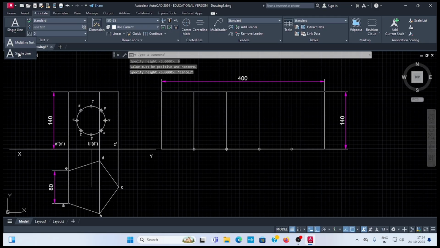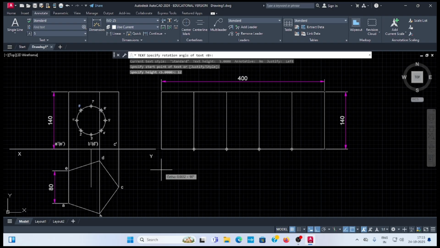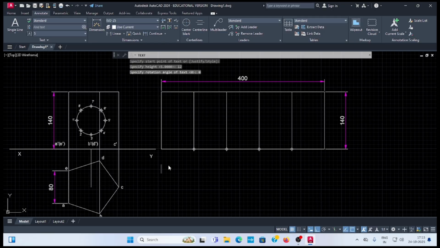I do it again, single line text, somewhere I click, letter height 12, enter, angle of rotation 0, enter. It is capital A. Next one is B, C, D, E, again next end, so it is A.